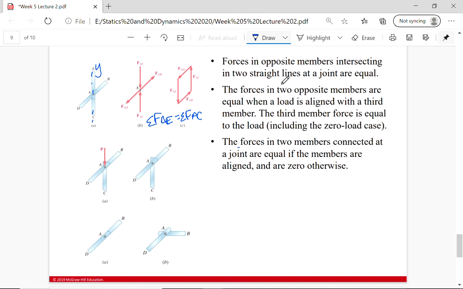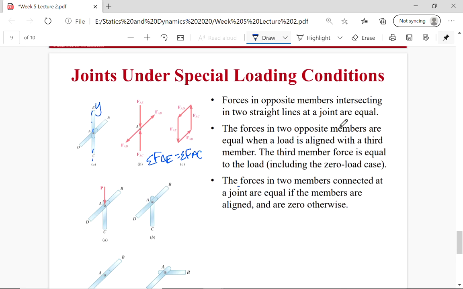The forces in two opposite members will be equal when a load is aligned with a third member. So if I apply this load P here, then that load is going to go along C, in which case AD is going to equal whatever AB is.